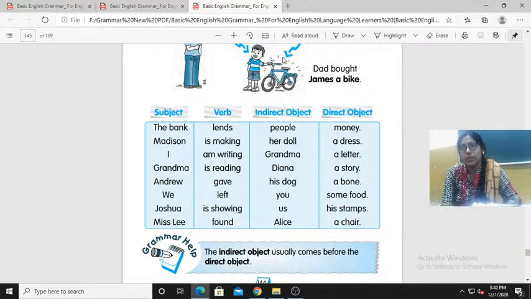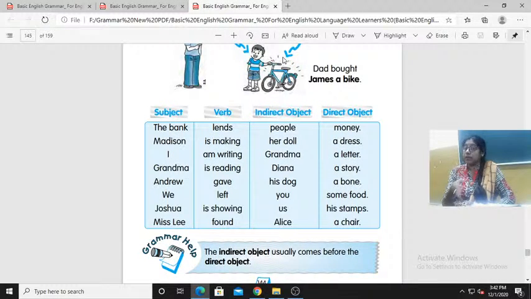Subject is either a noun or a pronoun. Then we have identified verb. Verb means action words, doing words. Go, make, write, read, gave, anything related with action, we call it action words, and in Hindi we call it kriya.